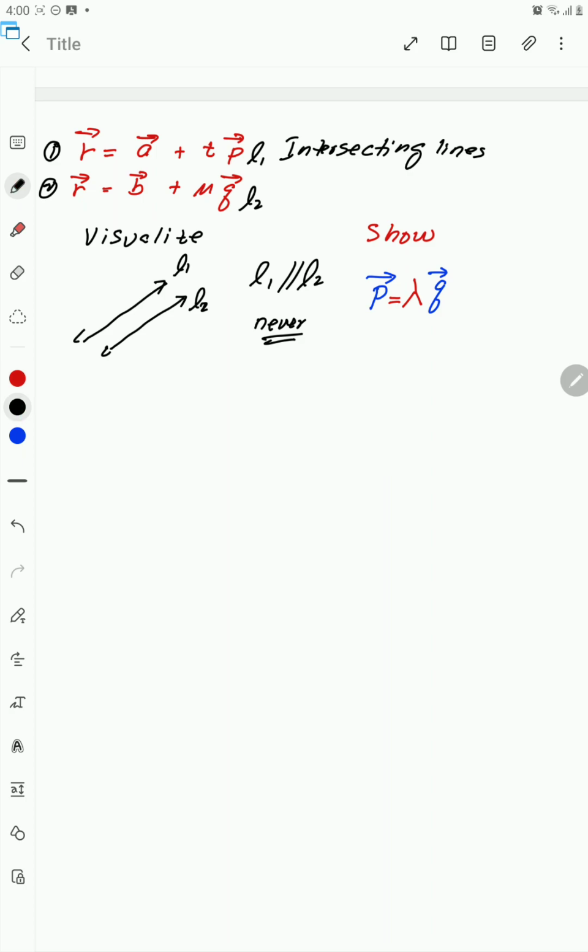What's the other possibility? The other possibility is that the two lines will intersect. So let's say that is your line 1, that is your line 2. The two lines will intersect. If they intersect, what does it mean?